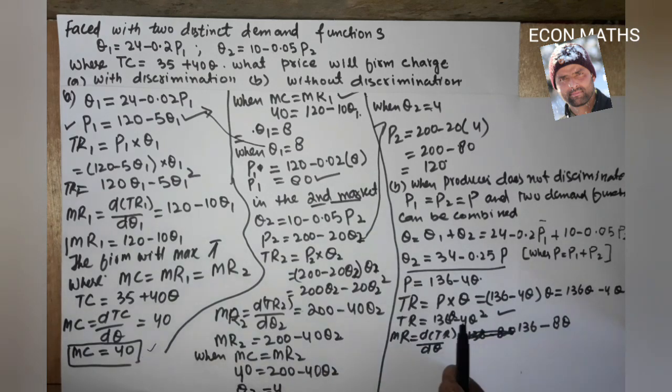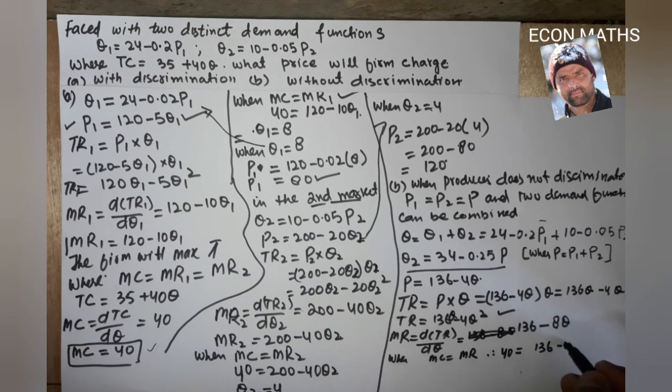Therefore, equating them, when marginal cost is equal to marginal revenue, 40 is equal to 136 minus 8Q. Now when solving this, Q will become 12.